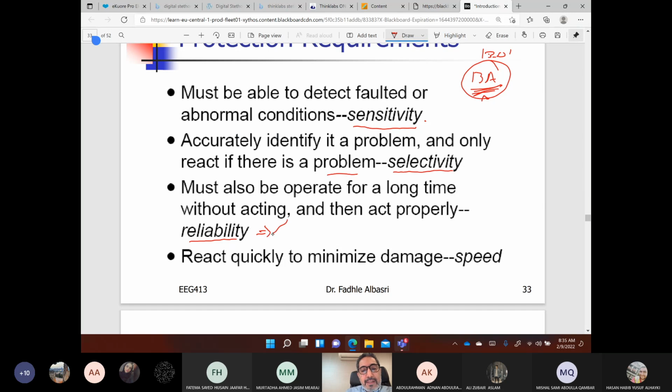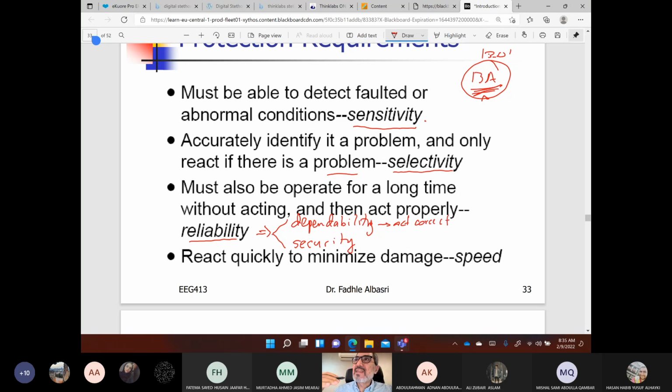The reliability can be divided into two sections: something called dependability, and something called security. Now, we want the protection system to be dependable, meaning it always acts correctly.